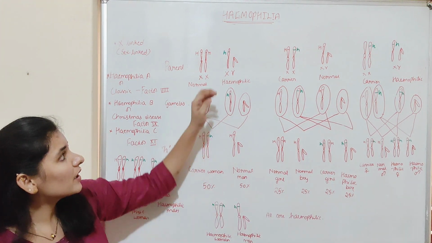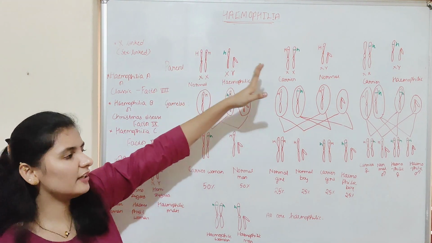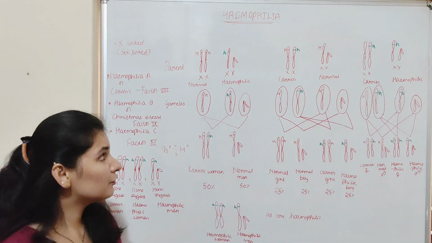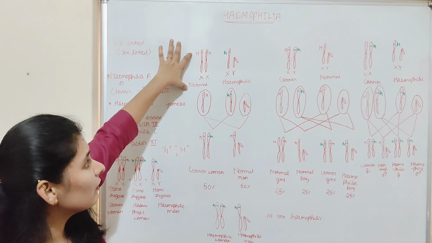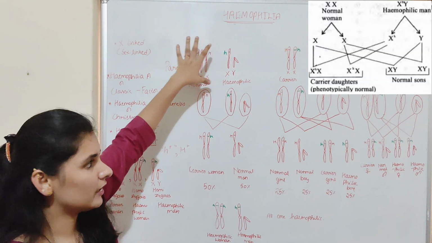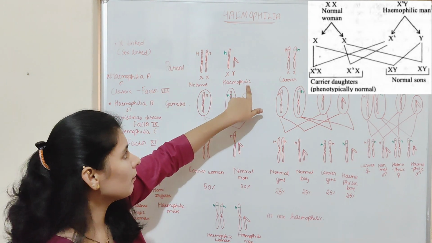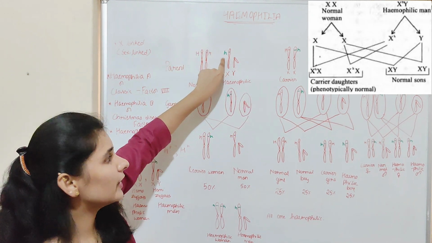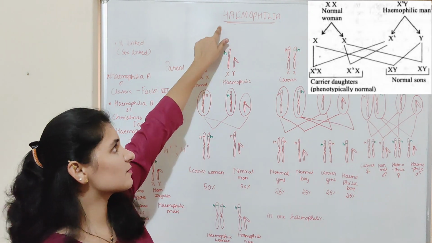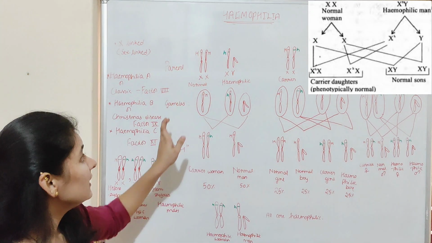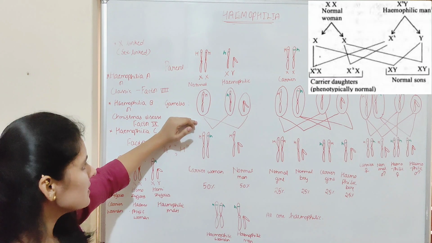Now we'll discuss the inheritance of this abnormal gene in different conditions. We'll take the first condition in which a normal woman marries a hemophilic man. So the normal woman will have the dominant gene, whereas a hemophilic man will have the X chromosome with the abnormal gene, or gene responsible for hemophilia. These are the gametes produced by these parents.